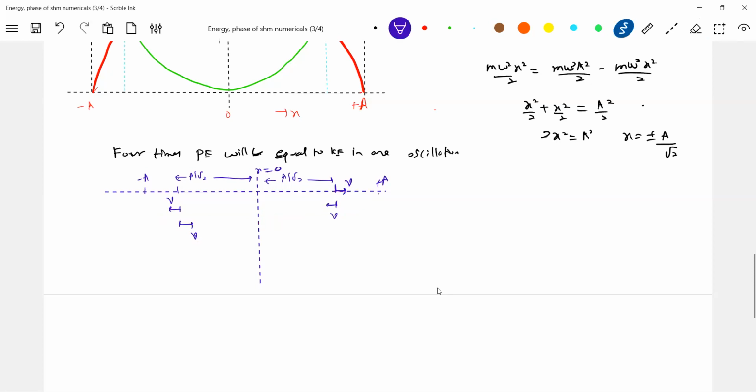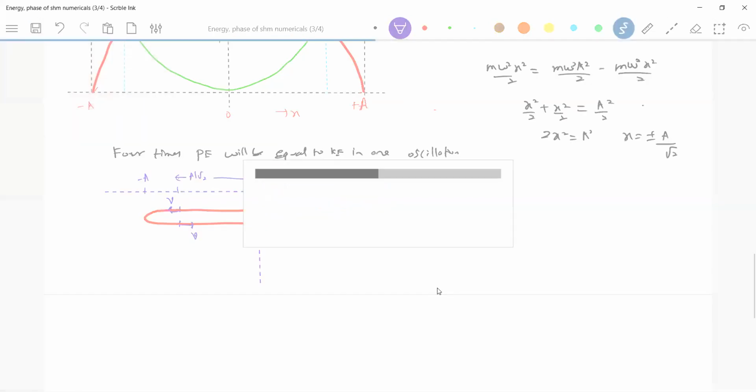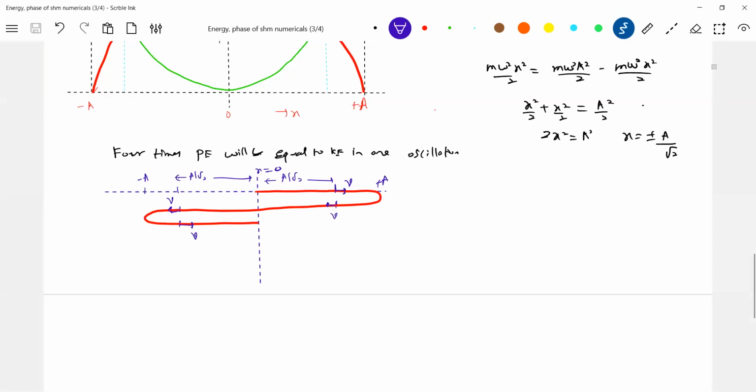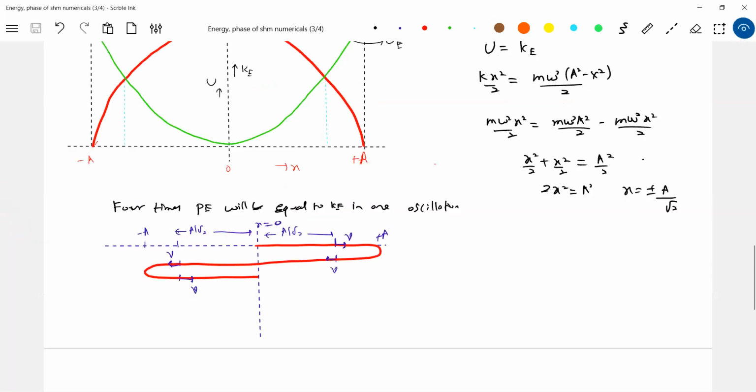Don't ask, sir, what is the time taken to complete or to take a turn? Actually, it will retrace its path. This will be much easier for you. You can see this: 1, 2, 3, 4. 4 times the kinetic energy will become equal to the potential energy. Okay, I agree.